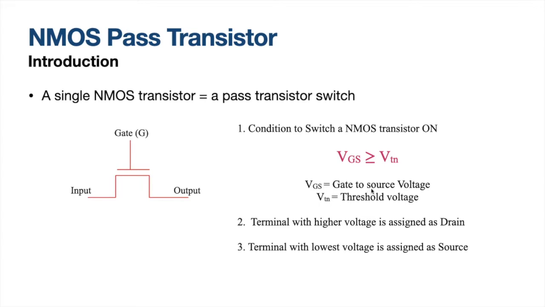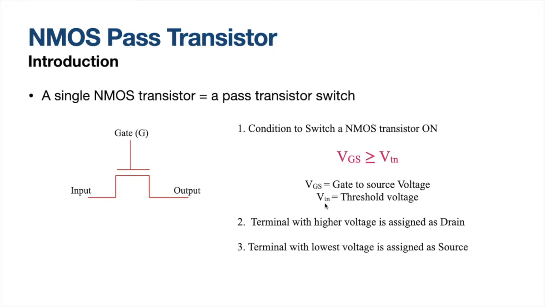And there is another term called VTN. T stands for threshold, therefore this is the threshold voltage, VTN. N stands for NMOS transistor. Therefore, VGS stands for gate to source voltage, and VTN stands for threshold voltage. VGS must be greater than or equal to VTN to switch on the NMOS transistor. This is the first condition.